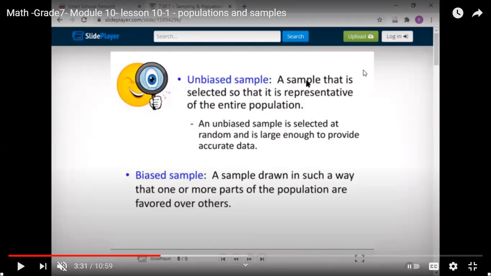We said that a biased sample is a sample drawn in such a way that one or more parts of the population are favored over others. Like you will go to people who are playing football and ask them, do you like football? For sure they are going to say what? Or you can go and ask them, what's your favorite sport while they are playing?